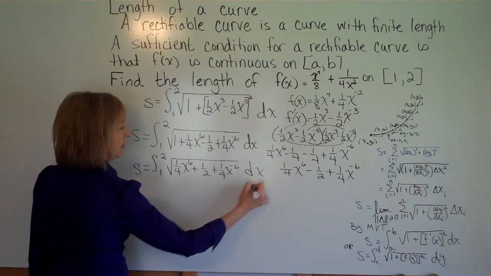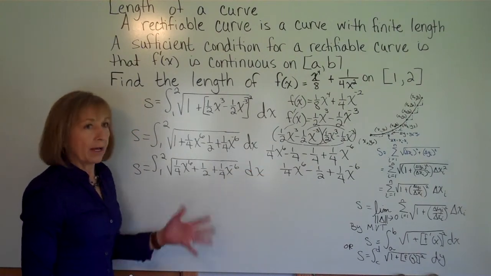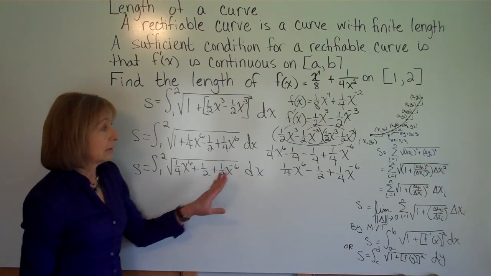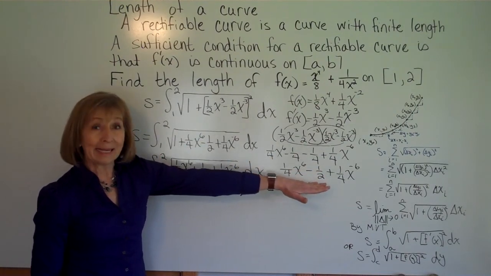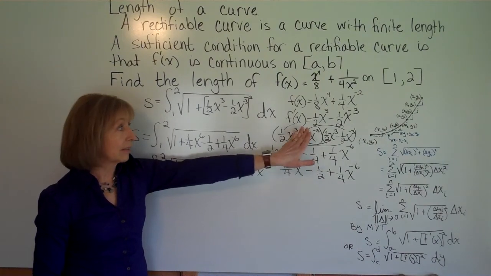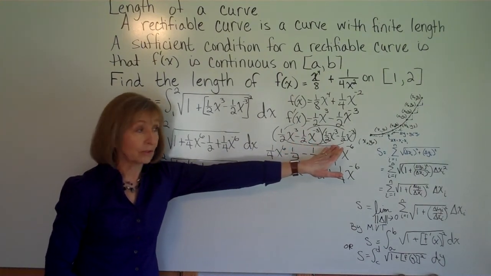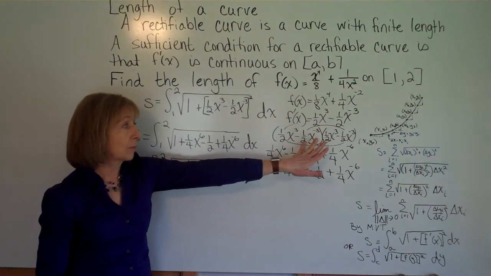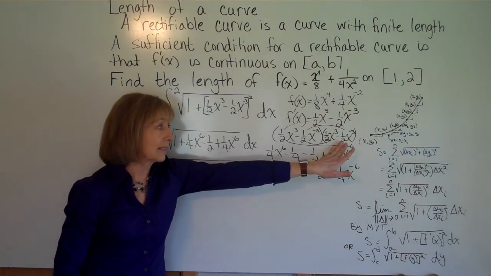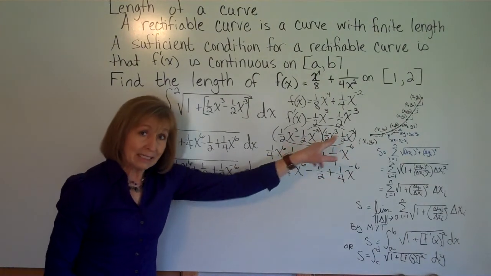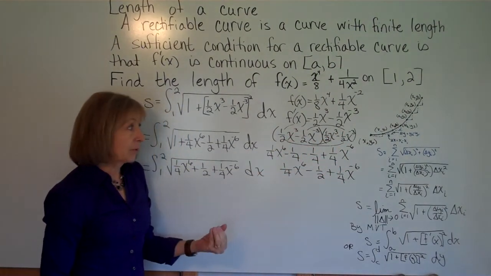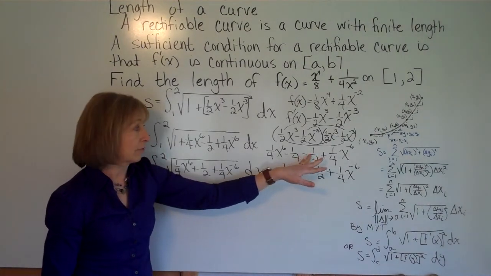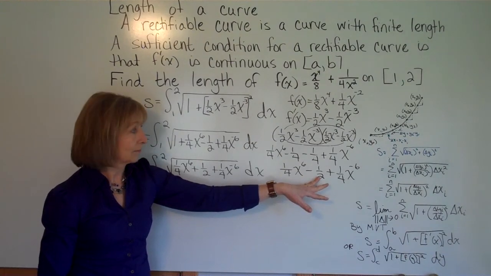And then dx. Now, here's the thing that you want to recognize. Look at this expression that's under the radical. Look at the expression that we got when we multiplied out these two identical binomials. When I had 1/2 x to the 3rd minus 1/2 x to the negative 3rd times itself, when I did the inners and the outers, the variables were common factors that removed, and I just got my negative 1/4 and negative 1/4, which gave me a negative 1/2 in the middle.